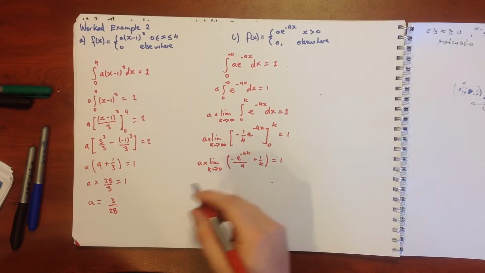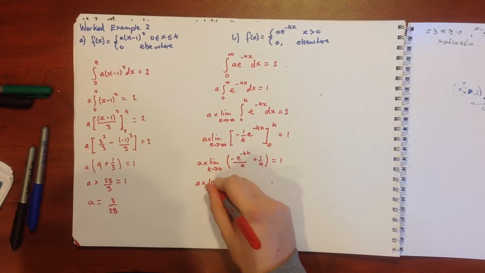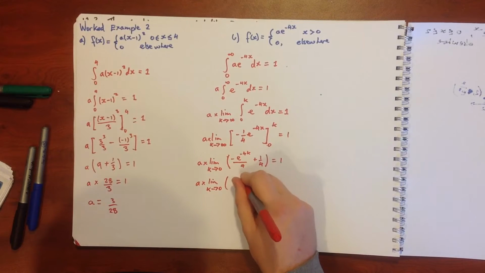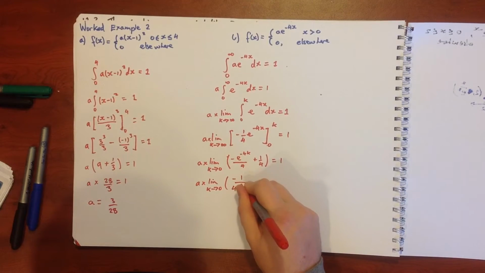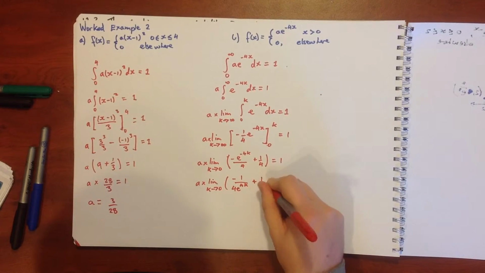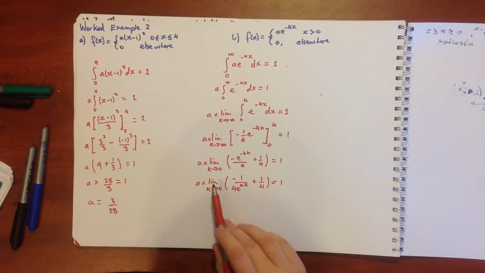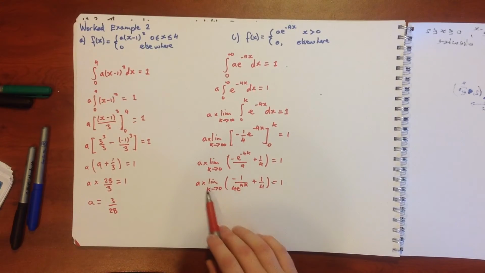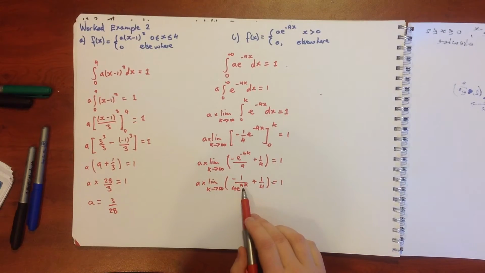Then we can rearrange this a little bit, making it a times the limit as k approaches infinity of minus 1 on 4e to the 4k plus a quarter equals 1. The reason we need to do that is because now we need to ask what happens as k approaches infinity.